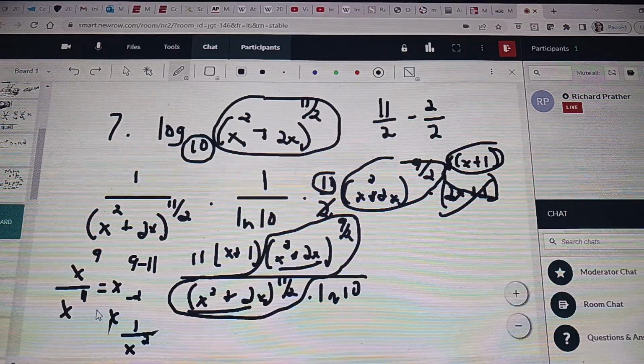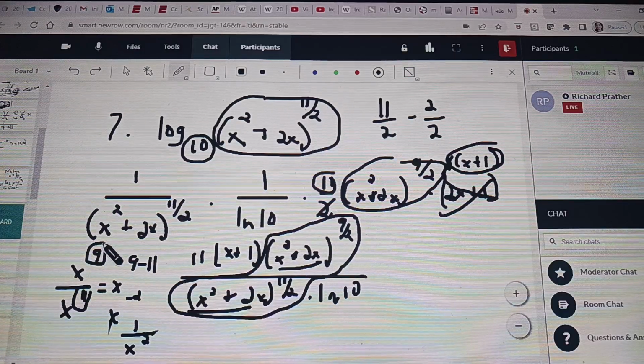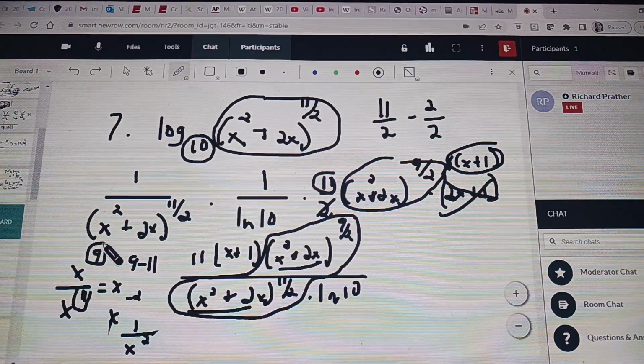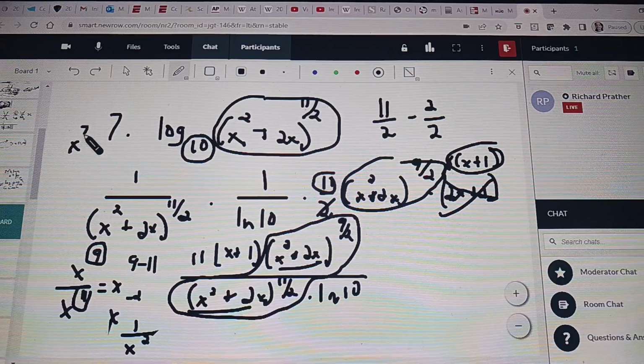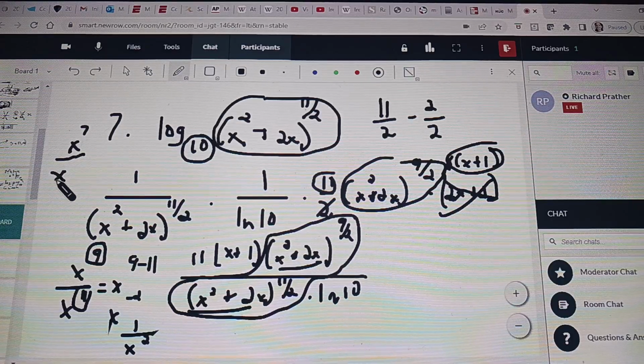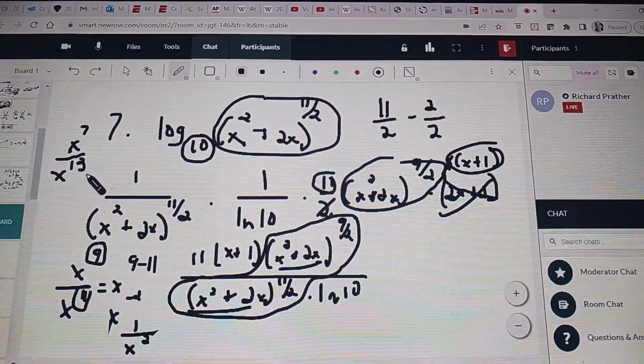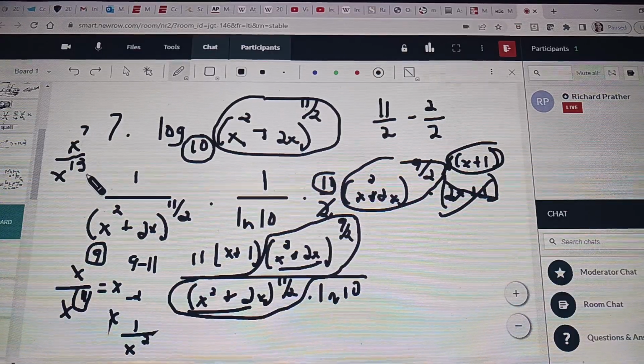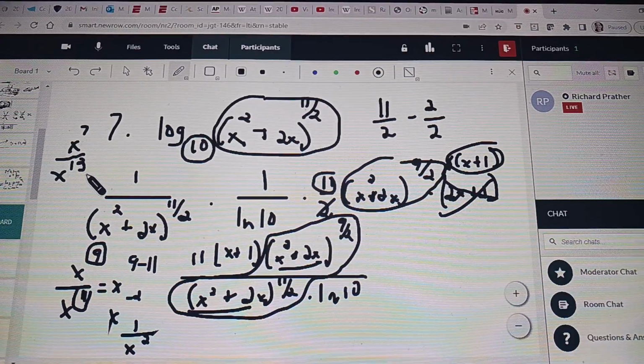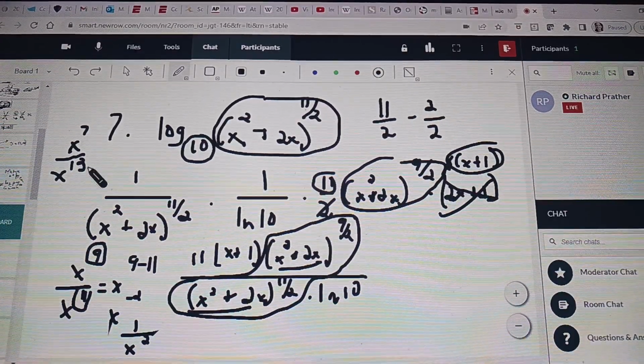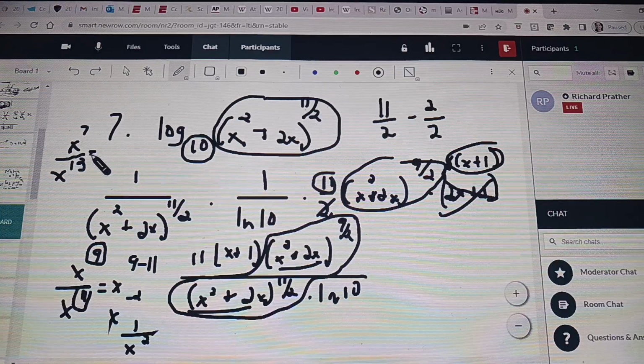So a shortcut that I like to do is if there's an 11 here and a 9 there, I just subtract them normally. 11 minus 9 is 2. And then you put the x to the 2 wherever the bigger one is. So in other words, say you had like an x to the 7 over an x to the 13. Instead of doing 7 minus 13 is negative 6, and okay, now let me change the negative back to positive, you can just say 13 minus 7 is 6, and I'm going to put it where the bigger one is.